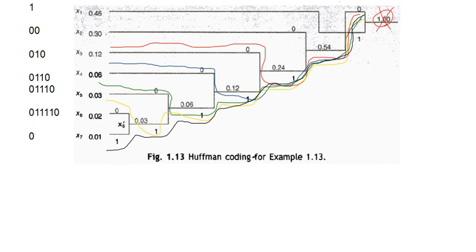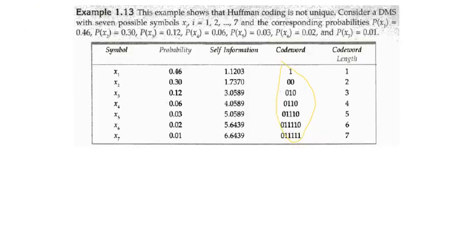So now these are the code words obtained for x1 to x7. The code word lengths are 1, 2, 3, 4, 5, 6 only, and here also 6 only.